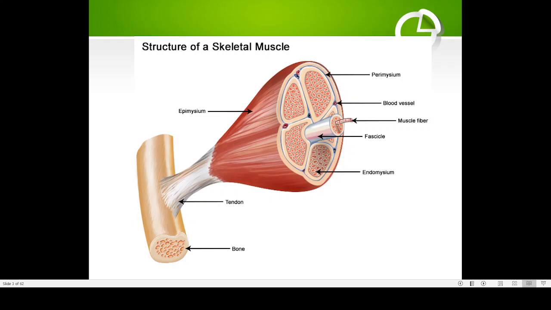So right now you may know what a tendon is. A tendon is that part of the muscle which helps in the attachment with a bone. The end parts of muscles are usually narrowed and become a rope-like structure, and it is known by the name of tendon.